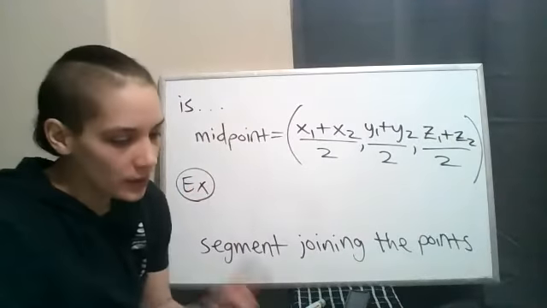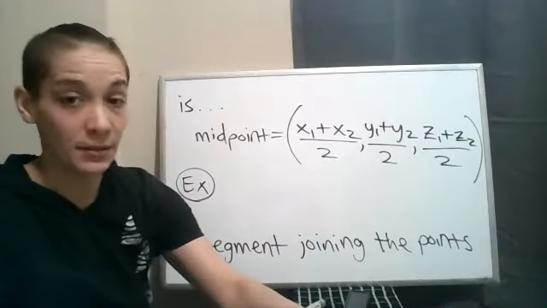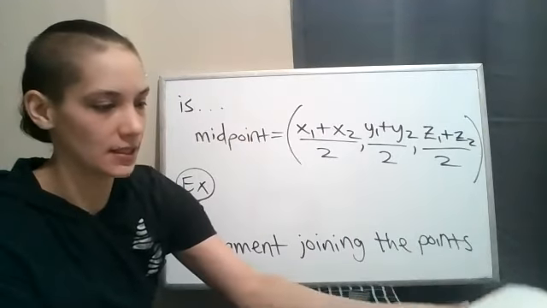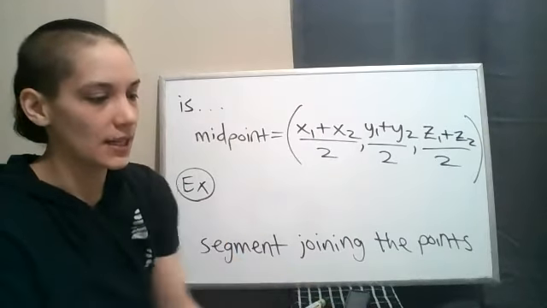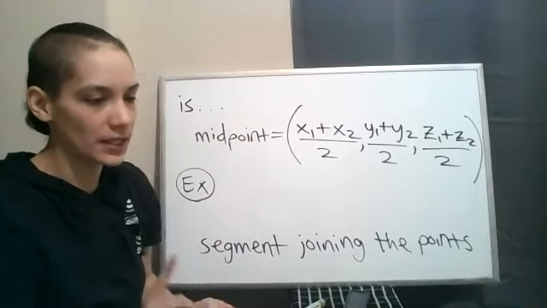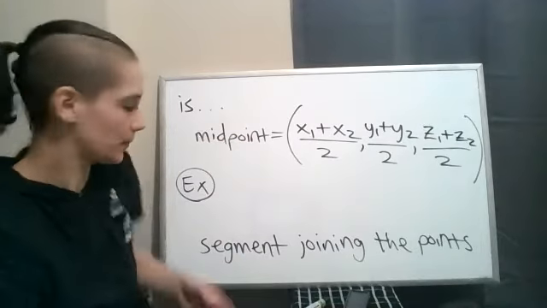Okay, so we will do the midpoint of the line segment that connects 8, 0, negative 6 with negative 7, 4, 5.